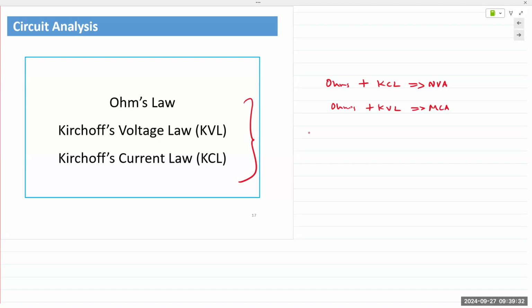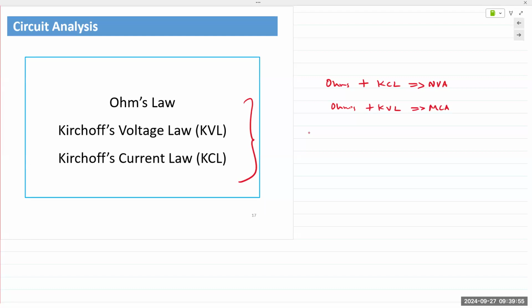Then you can solve it using any analysis technique you want. Voltage division and current division are based simply on Ohm's law. Every student has learned their own way of applying KCL and KVL, so I'm not here to redo any of that. Feel free to continue doing what you're doing. If you have any questions, reach out to me. I'd be happy to explain outside of class.